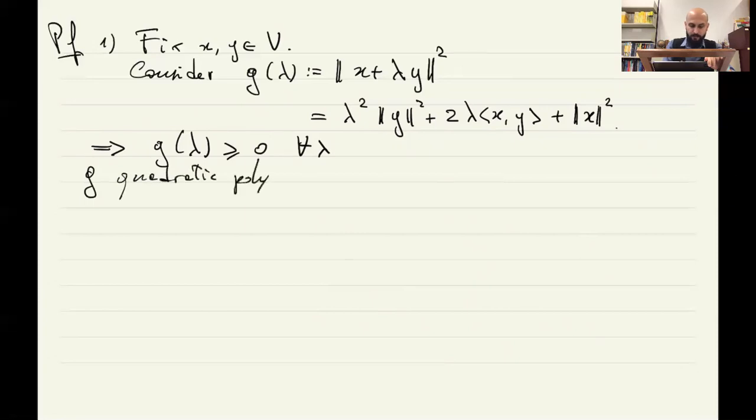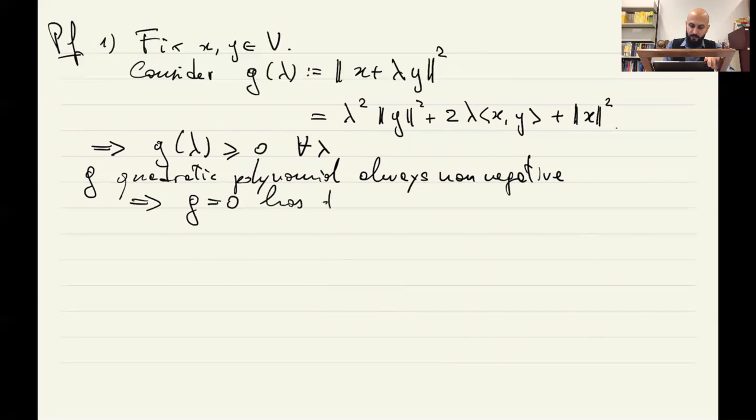So the fact that g is a quadratic polynomial that is always non-negative implies that g equals 0 has at most one solution, which implies that the discriminant of the quadratic equation should be non-positive.